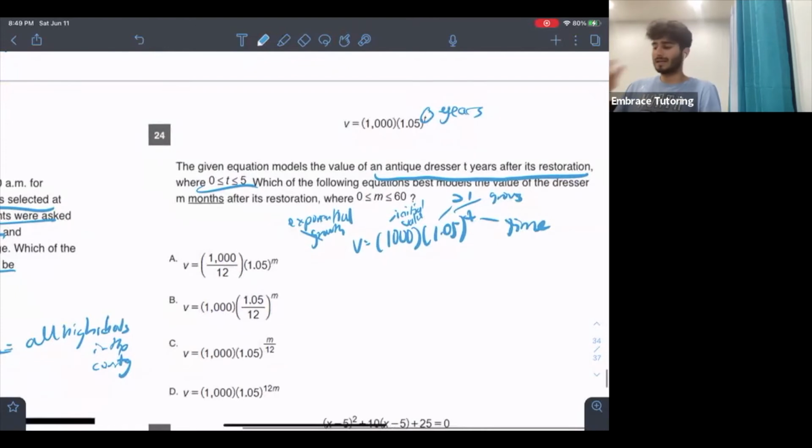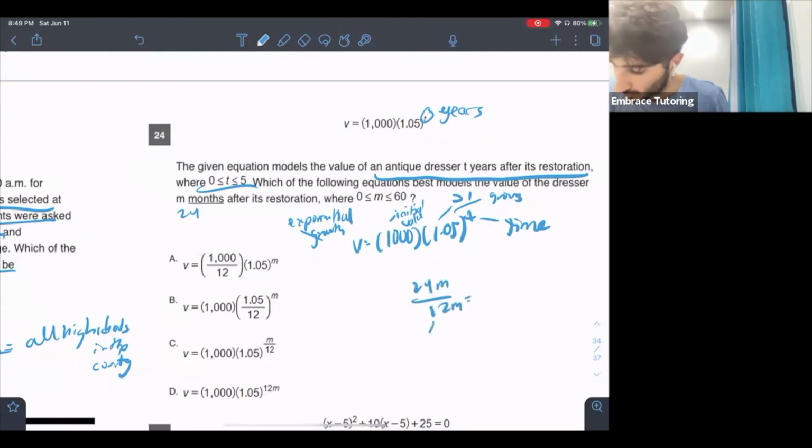It's asking for months instead of years. So let's say you have 24 months. How would you get 2 years from 24 months? You would do 24 months divided by 12 months, because there are 12 months in 1 year, and you get 2 years.